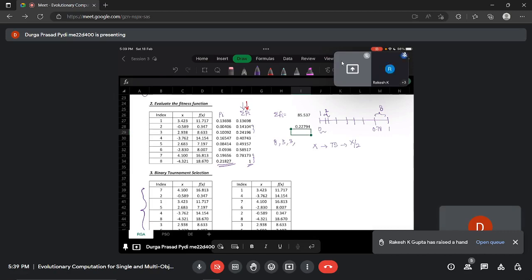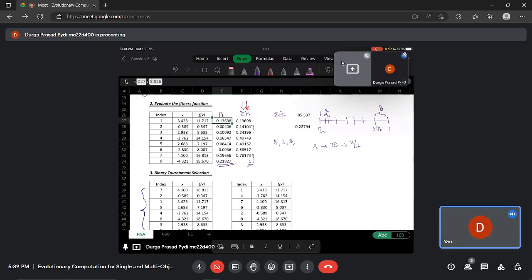How do we get these Pi individual values? Pi is essentially the function f of xi divided by sigma fi. You take a summation of all these f of x values and divide the particular f of x by the total sum. That is a relative weightage given to that particular individual.